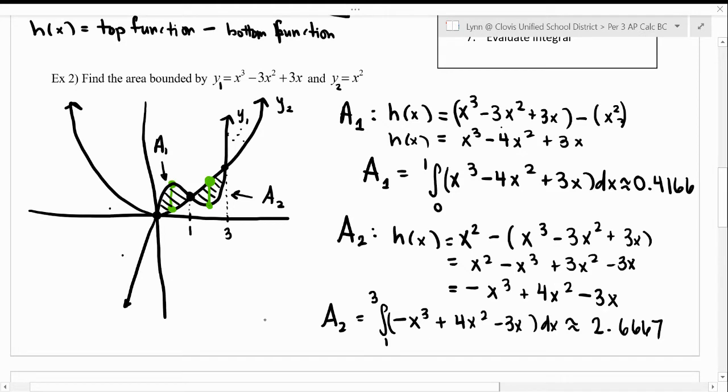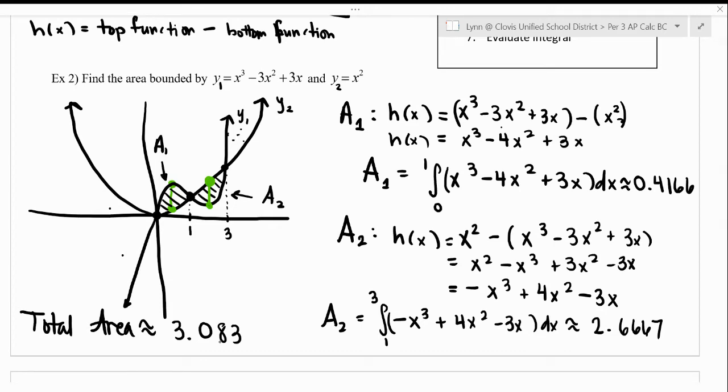Okay. All right. So then my total area would be those combined values. And so I have 3.083. And then always, of course, you can round or truncate. So let's keep that in mind as well. I think I truncated on one and rounded on the other. But anyway, that would be my total area for that particular function.